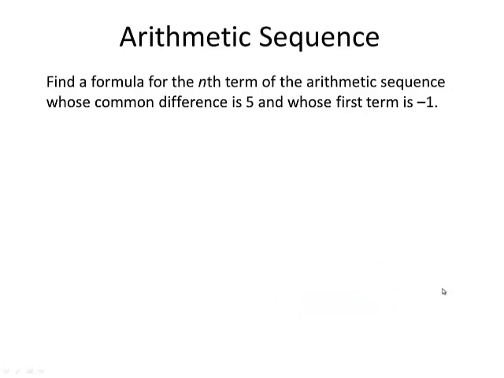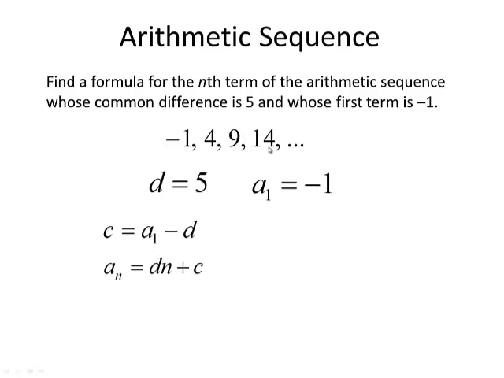Okay, find a formula for the nth term of the arithmetic sequence whose common difference is 5 and whose first term is negative 1. So d is 5 and a sub 1 is negative 1, and we know that this is going to be negative 1, plus 5 is 4, plus 5 is 9, plus 5 is 14.